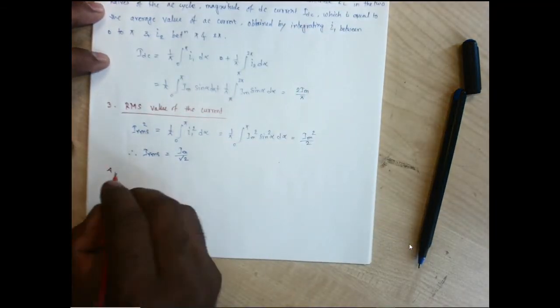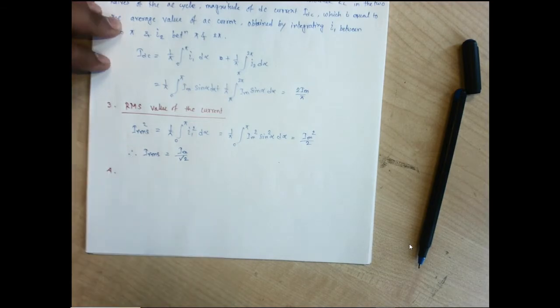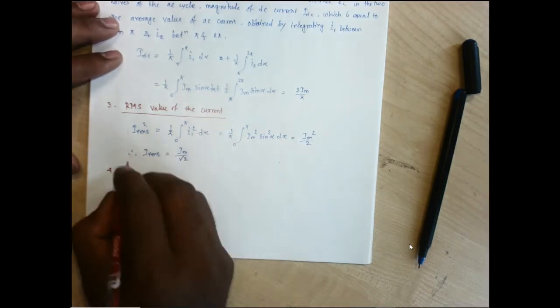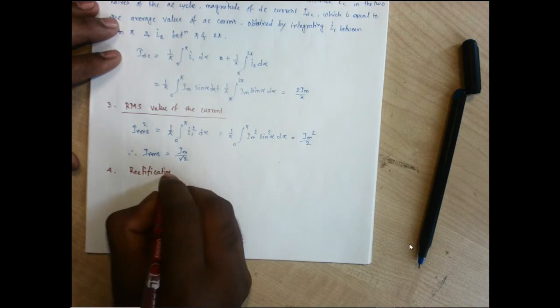The fourth one is output power or efficiency. If we go with the efficiency, we need to take out the input power as well as the output power.